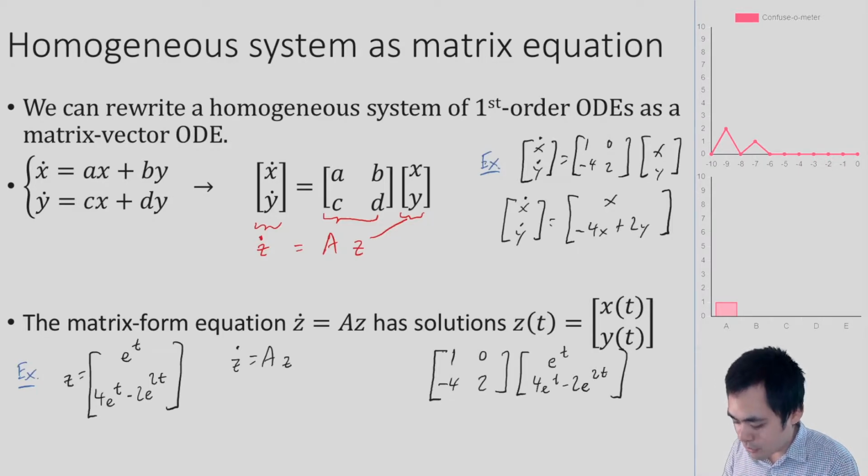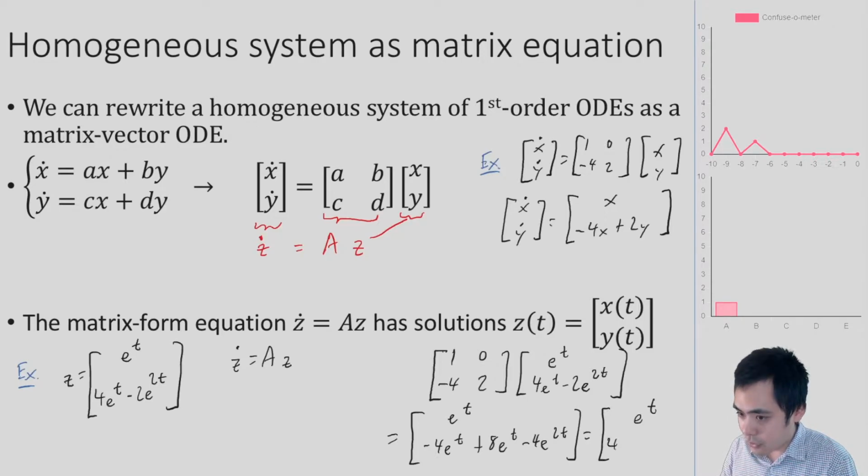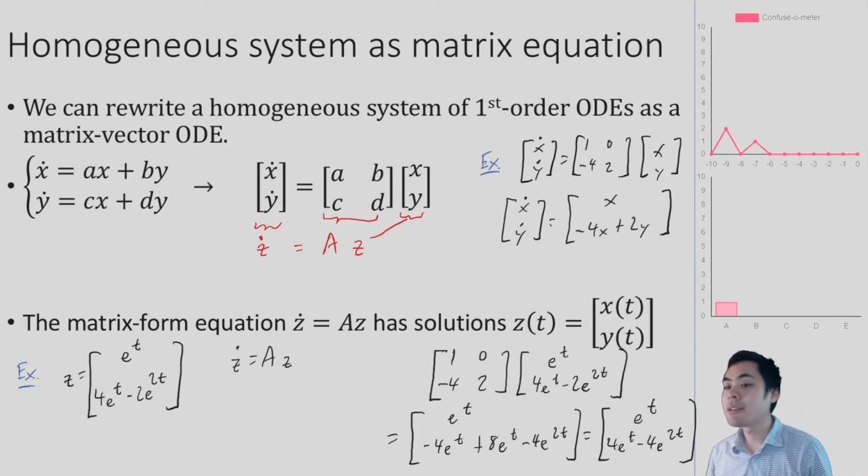And when we multiply this out, what we get is e^t, and then minus 4e^t, since that's minus 4 times the top component of the vector, plus 8e^t minus 4e^(2t), which is equal to e^t, 4e^t minus 4e^(2t). And if you check, that is z dot. Okay, so even though z here is a vector, we can still describe it as a solution to this matrix form equation, z dot is equal to Az.